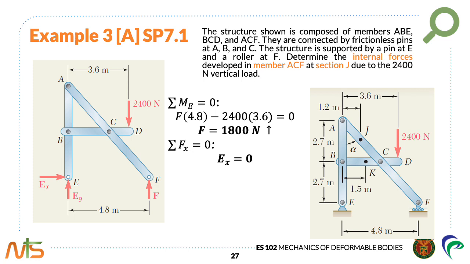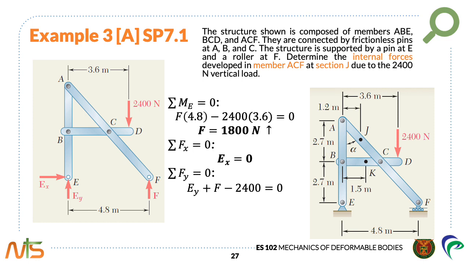And last but not the least, we have summation of forces about the y-axis equal to 0. In this, we have EY and F and the 2,400 newtons going downward. So we have EY positive since going upwards, F positive since going upwards, and then 2,400 which is negative since going downwards.